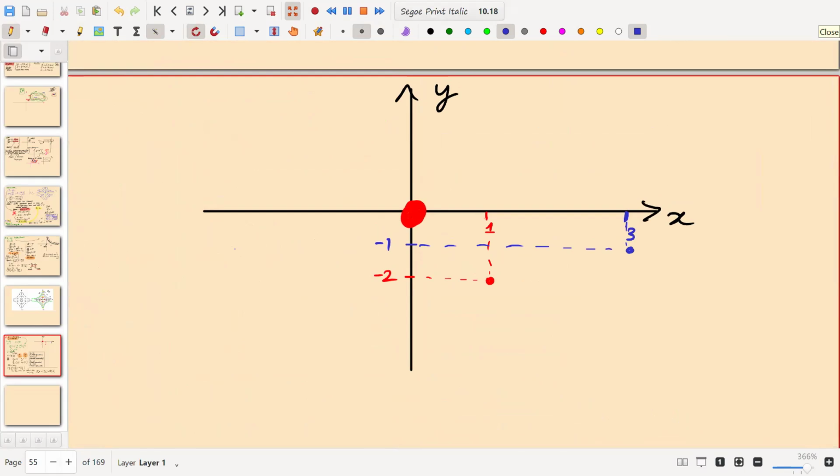So let us draw two of this set. 1 minus 2, any multiple of that, what will happen to that vector? It will be on that vector itself, right? So it will be a vector like this.